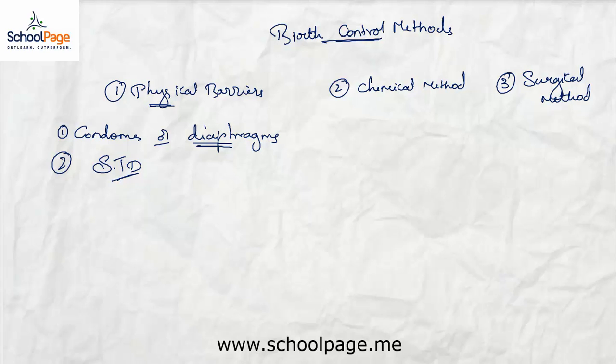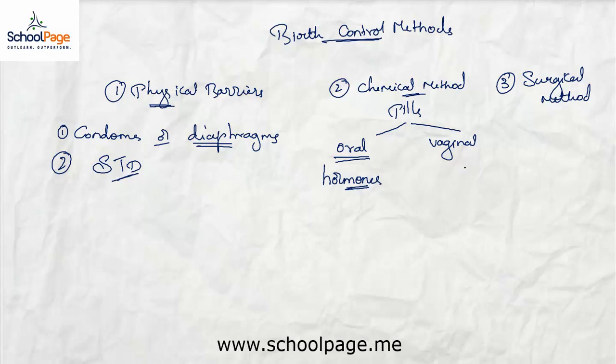The second method is the chemical method. Chemical methods involve use of pills. There are two types of pills used: oral pill and vaginal pill. Oral pills are nothing but hormones. These hormones prevent the release of ovum from ovaries and thereby prevent pregnancy.